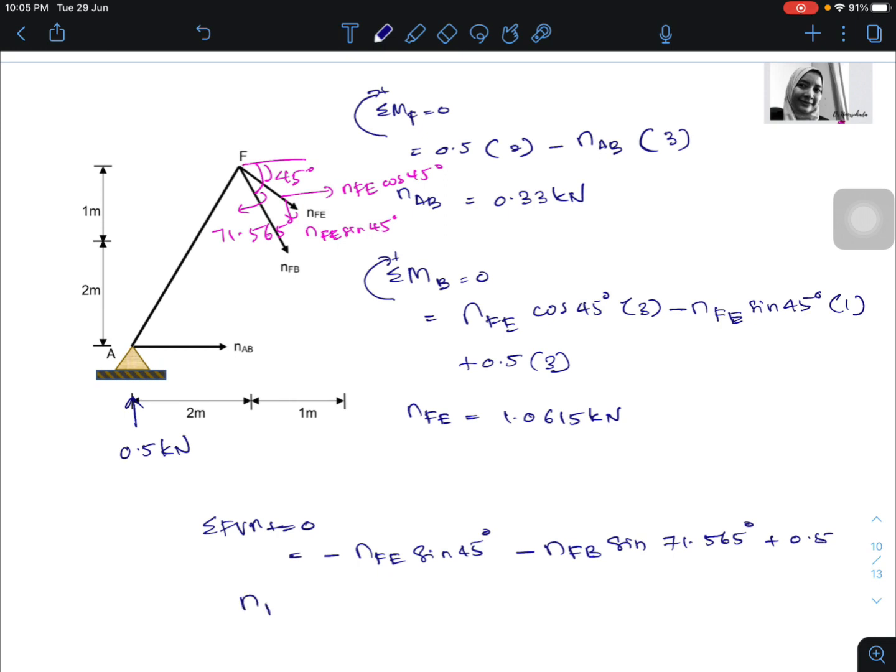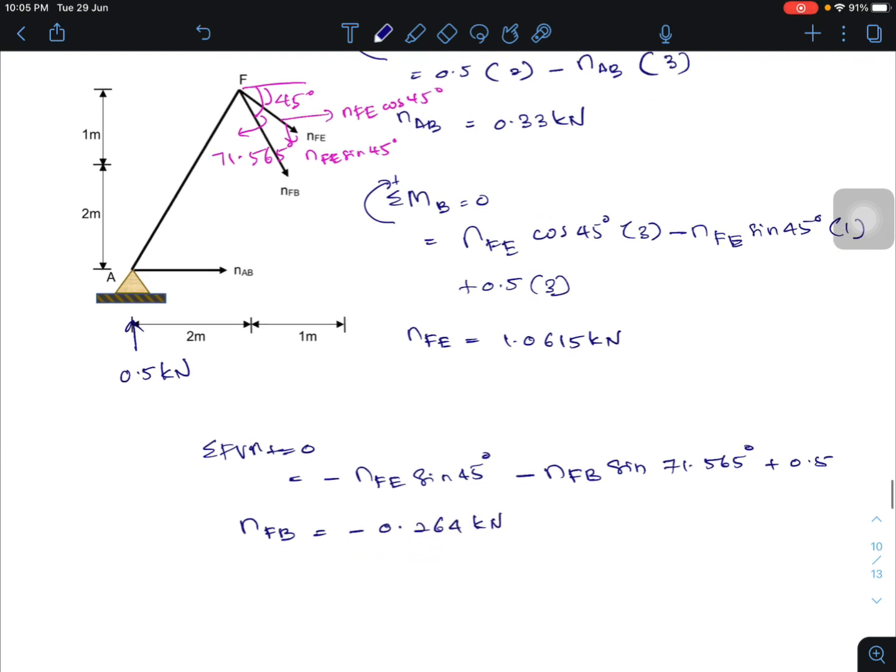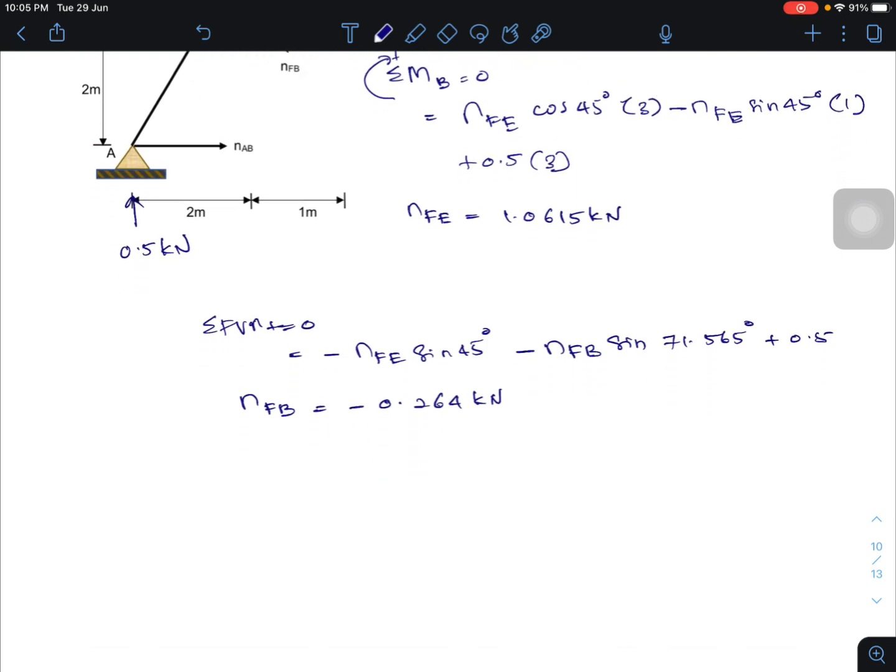So NFB equals negative 0.264 kilonewton.